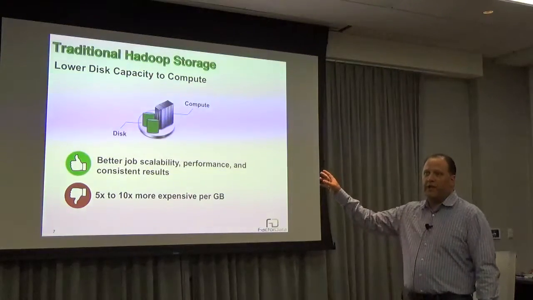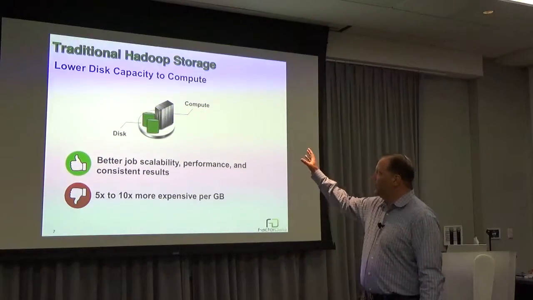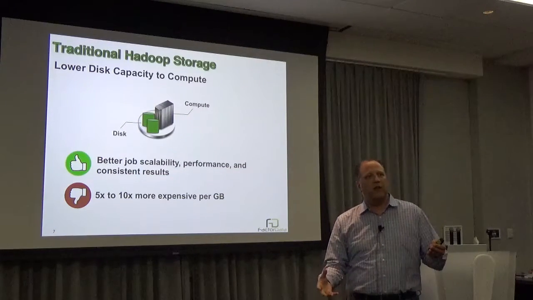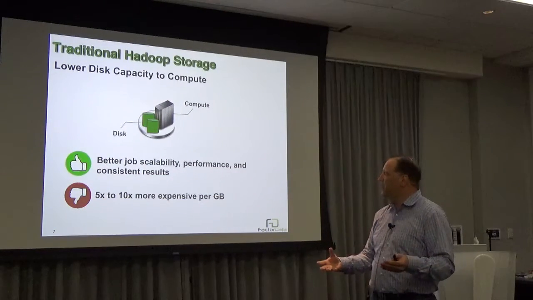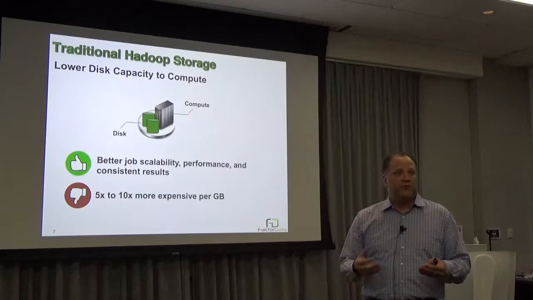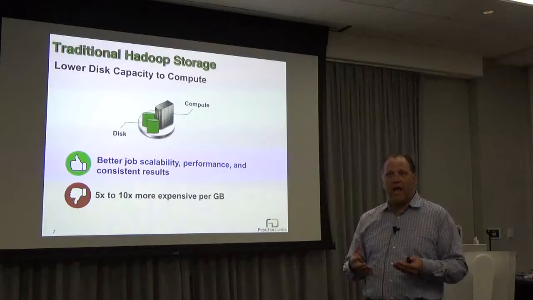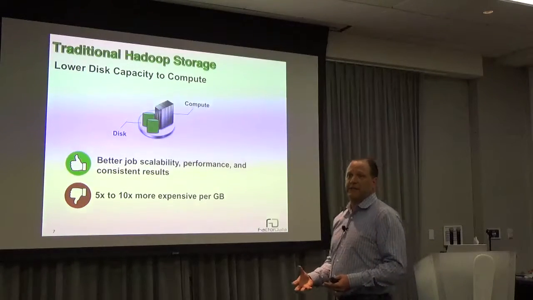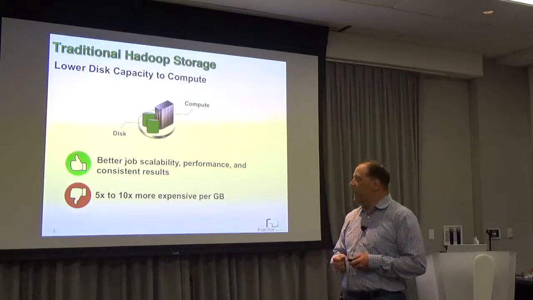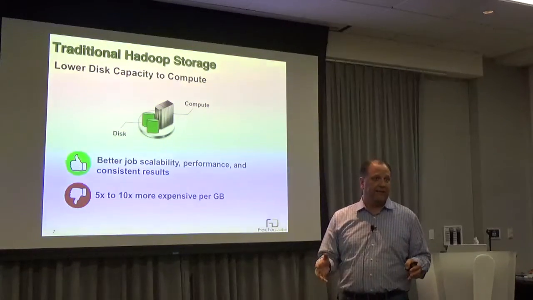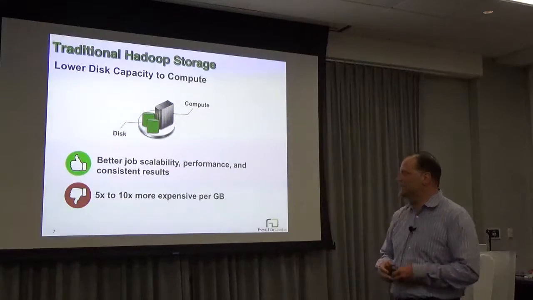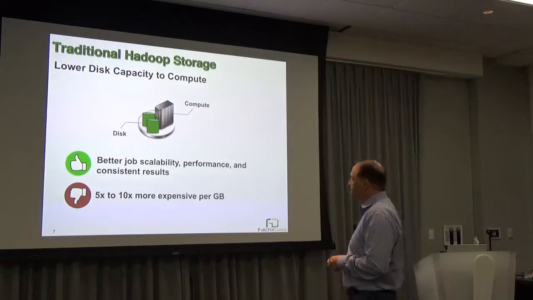So traditionally, the storage component of Hadoop is typically a little lower capacity in terms of the amount of disk because you want a high amount of compute to process the data so your jobs don't slow down. You want to have fast job processing in most cases. You want your jobs to complete in a certain amount of time, and you want them to be consistent. That's almost even more important: you want a lot of consistency in how your jobs run.